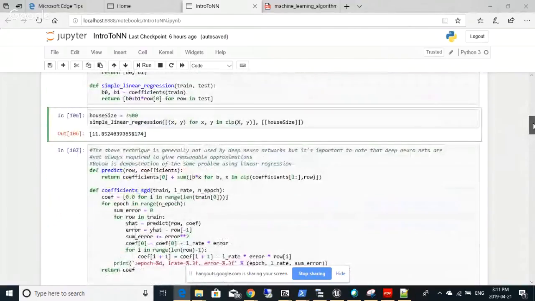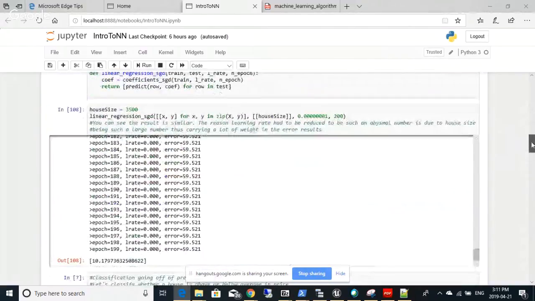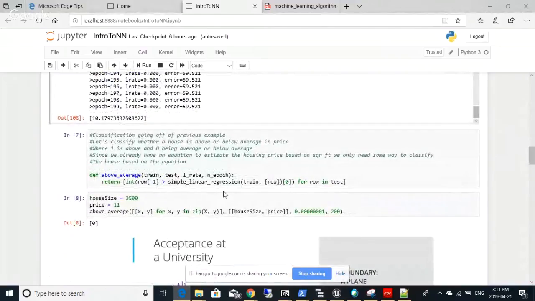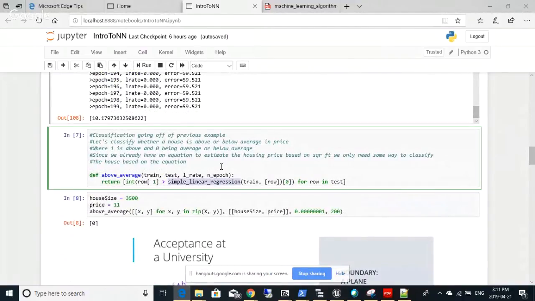So I decided to use the simple linear regression. This is just a simple classification problem: you're classifying whether the house is above or below the average price, where one is above average and 0 is below average.